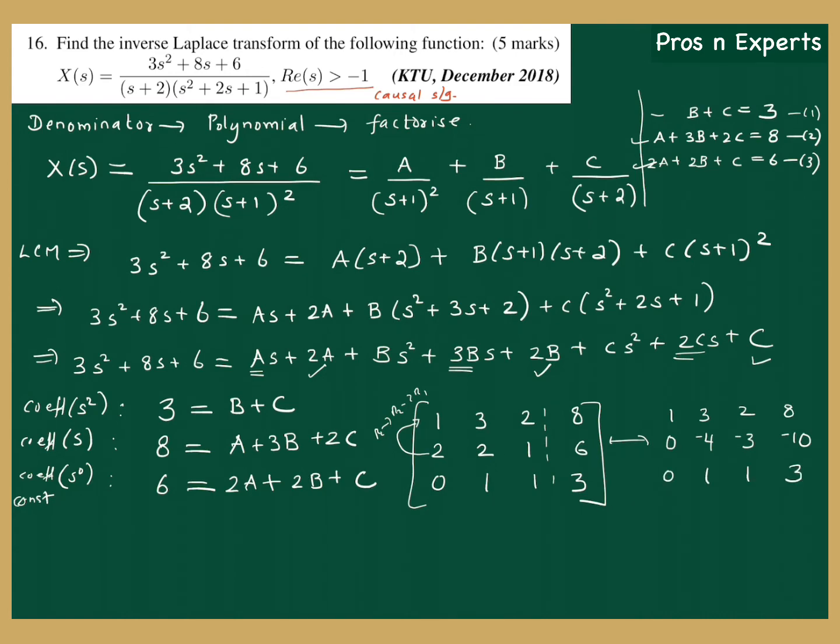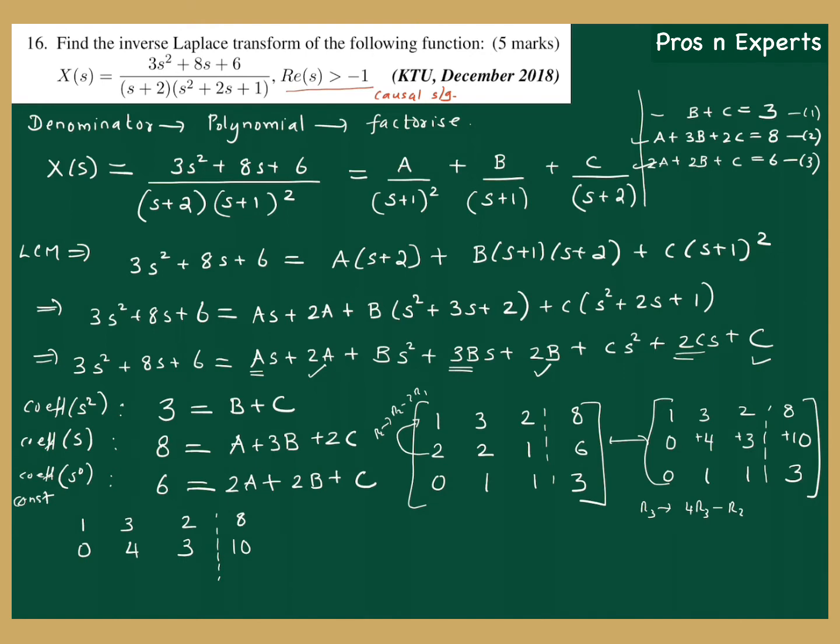Now again I can convert this as 1 3 2 8, the first row as such, and I can write 0 4 3 10. There is no change while we are multiplying the whole row with minus 1. Now I'm going to change R3 as 4R3 minus R2.